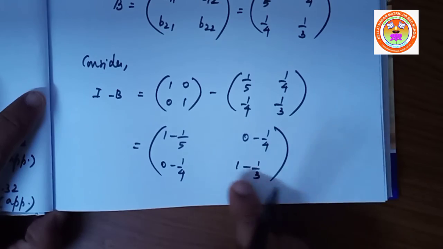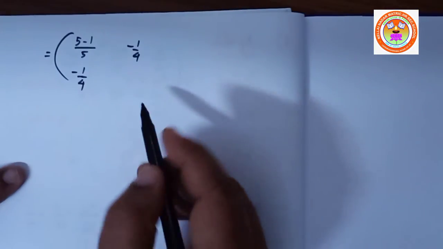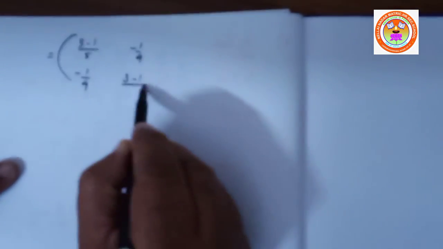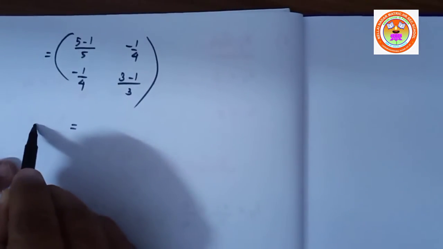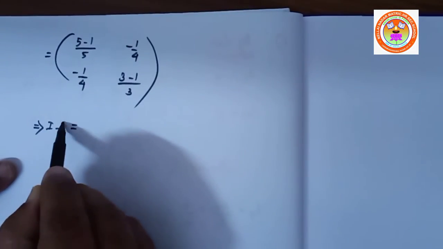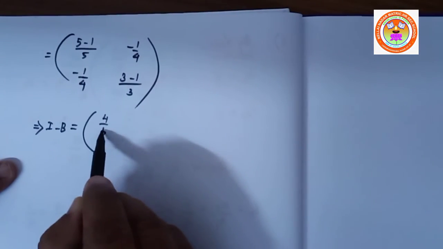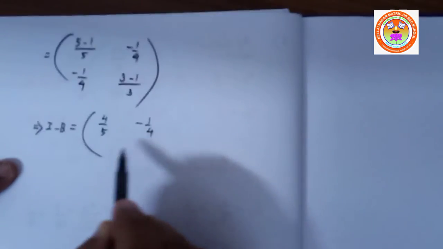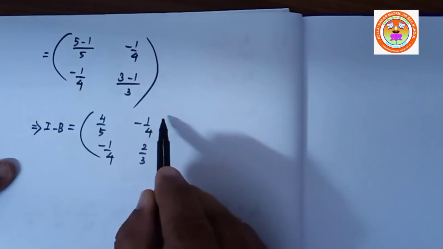Finally, 1 minus 1 by 3, that is 3 ones are 3, 3 minus 1 is 2, 2 by 3. Which implies I minus B is equal to 4 by 5, minus 1 by 4, again minus 1 by 4, 2 by 3.